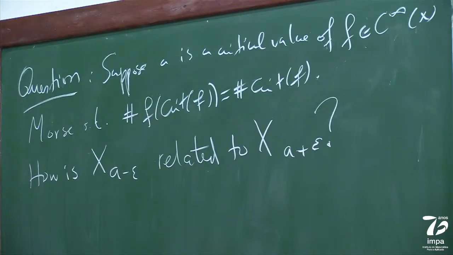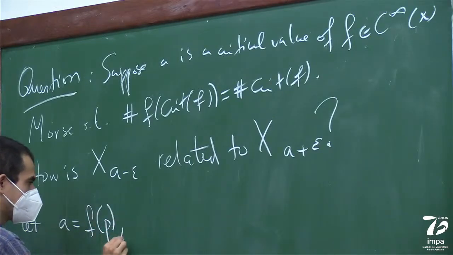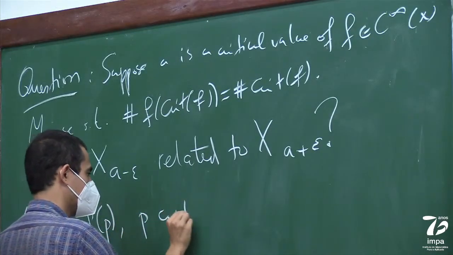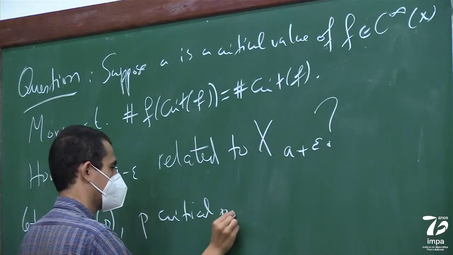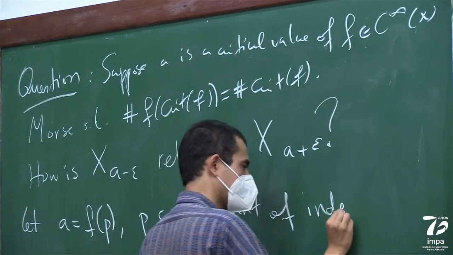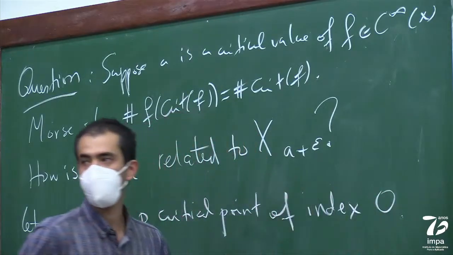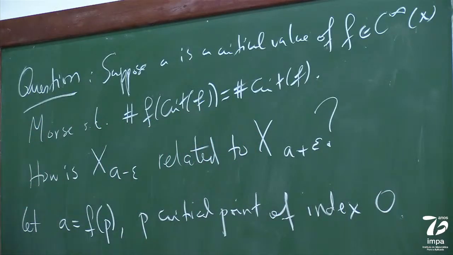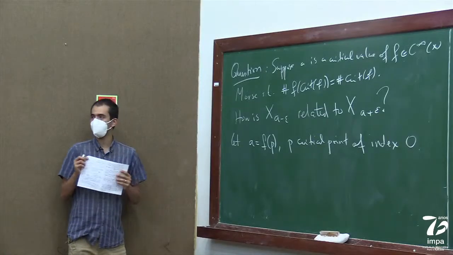Let's suppose that A is the image of some critical point P, where P is a critical point of index 0. We're going to start with the simplest case. So what happens if P is a critical point of index 0?